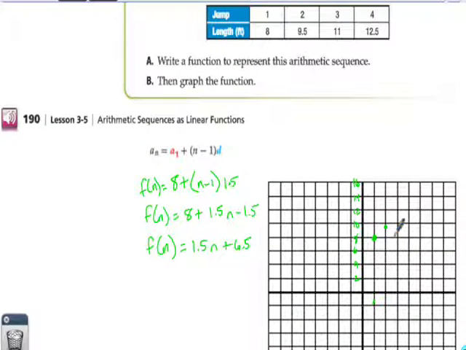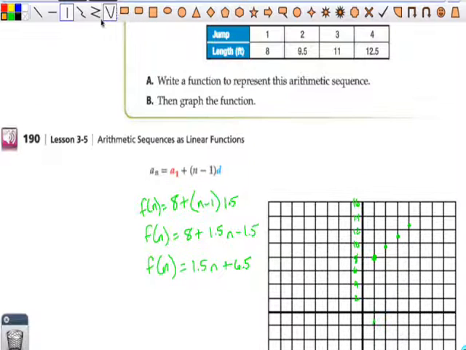His third jump went to 11 here. Fourth jump went to 12.5 here. And then we would just keep graphing until we get our points.